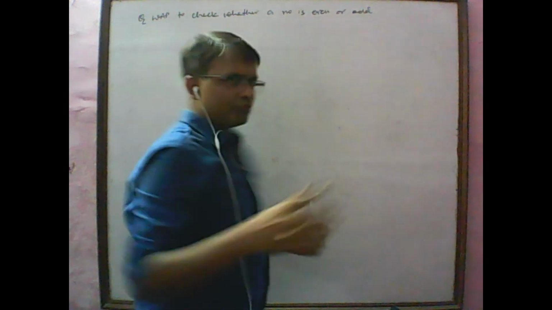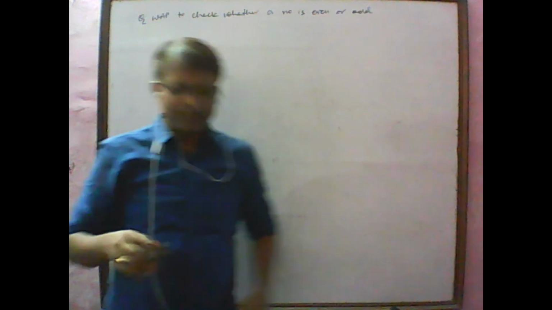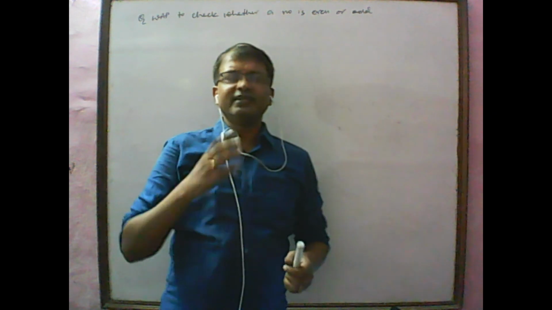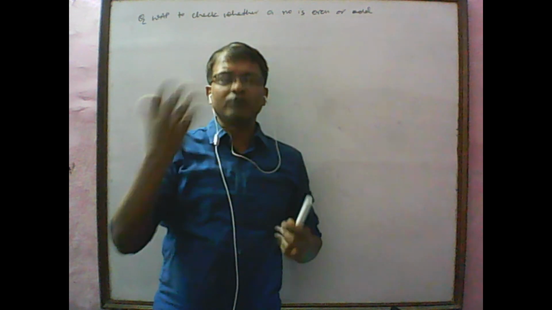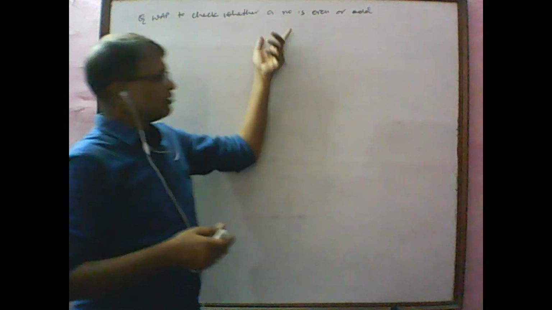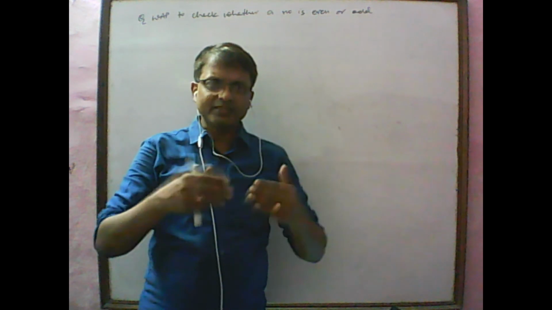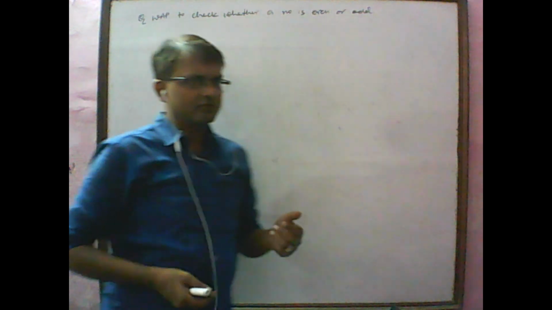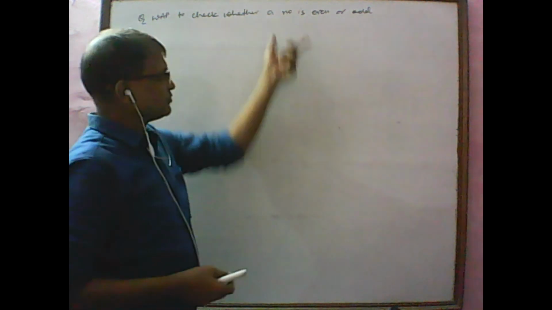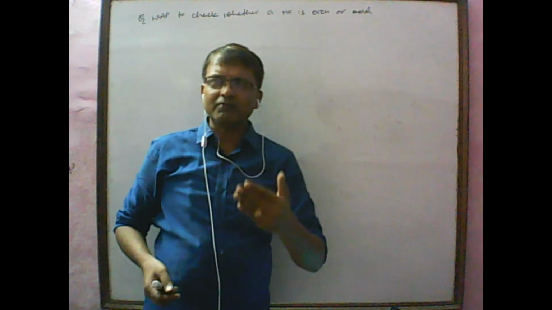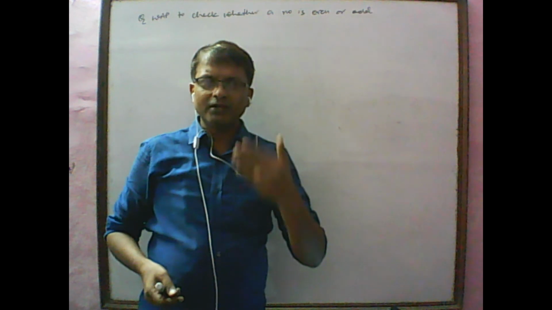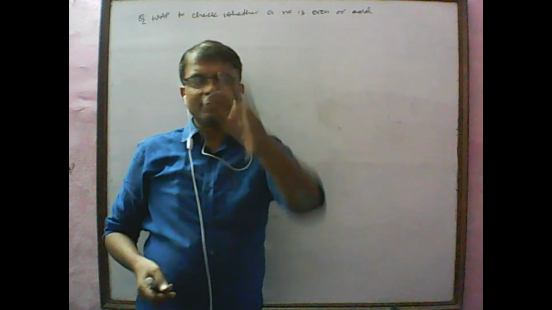Mathematically, I told you in the previous video that first of all we have to think about what concept the problem is related with. Actually, this problem is related with a mathematical concept. What is the concept of mathematics for even or odd? If a number is divisible by 2, the number will be even.